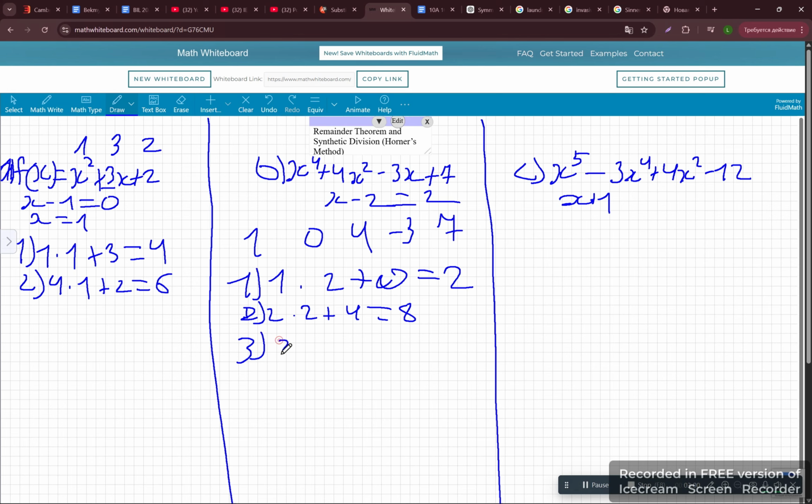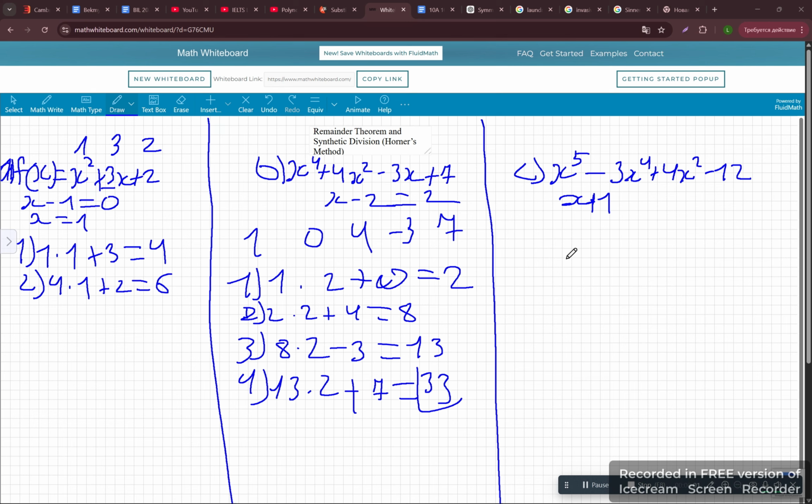Third step is 8 multiplied by 2 minus 3, which is 13. And the last is 13 multiplied by 2 and minus 7, which is 33. The answer is 33, and there is a remainder of 33.